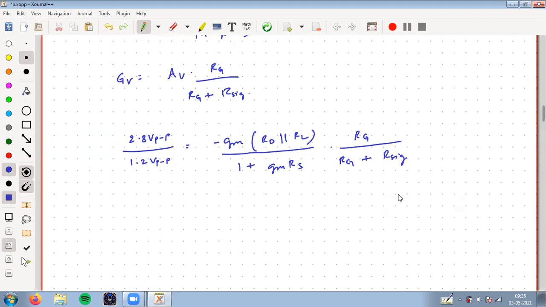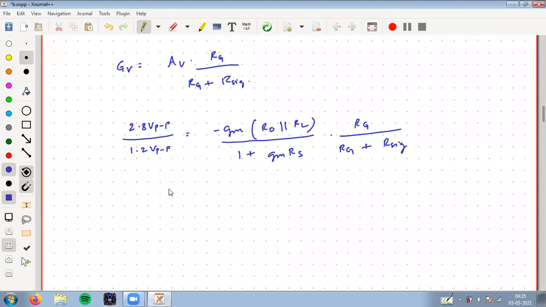In this, I know all the values. GM is 1 milli siemens, RD is equal to RL is equal to 15 kilo ohms. Then RG is 4.7 mega ohms, and R signal is 100 kilo ohms.